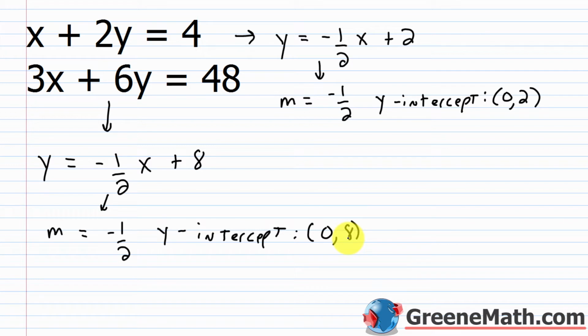So what we can immediately tell is that we have the same slope in each case, right? m equals negative 1/2, m equals negative 1/2. So same slope, different y-intercepts. We know that we have parallel lines. So these lines are parallel.